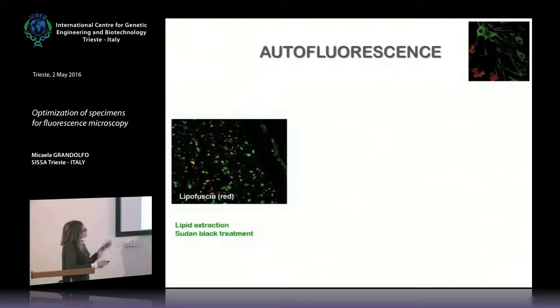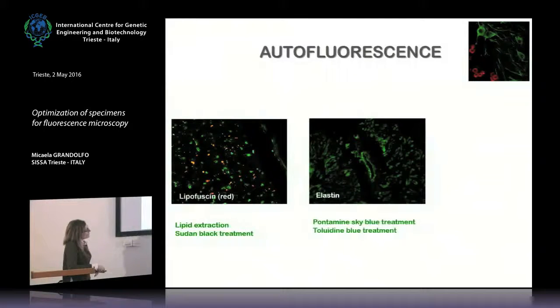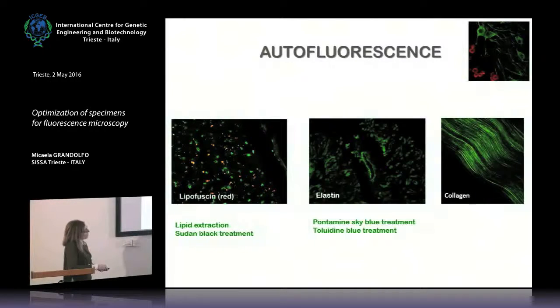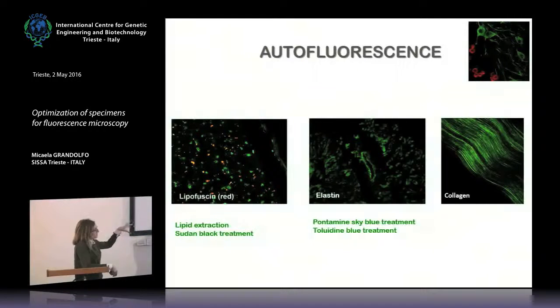Okay, so besides lipofuscin, you can also find elastin, which is a fluorescent molecule in the tissue, or collagen. So there are some protocols to quench the fluorescence of lipofuscin and elastin. I don't want to go into detail in this protocol.